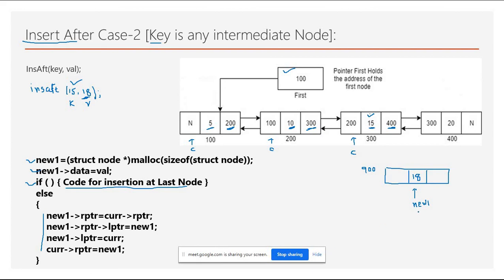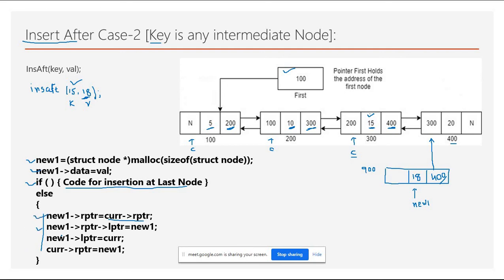New one point to rptr is here, right? And current point to rptr, that is current is on 300. What is there in the rptr? 400. So first you are putting 400 here. So now this rptr will send you to 400. 400 is this node. Clear? So the first line is executed.